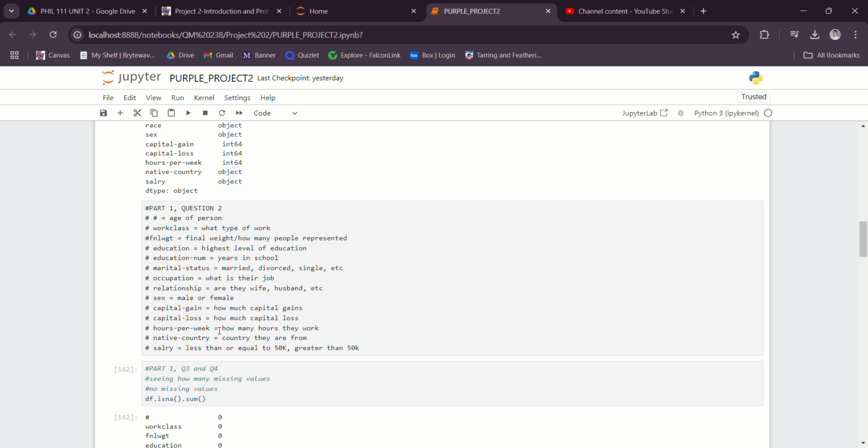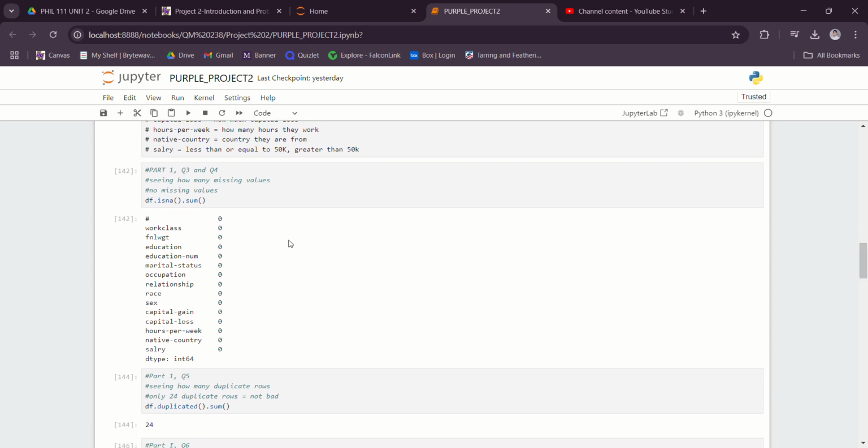Hours per week, obviously how many hours they work. Native country, country they are from, and then salary, which is for some reason spelled without an A. It has two different inputs, less than or equal to 50K or greater than 50K as their salary.